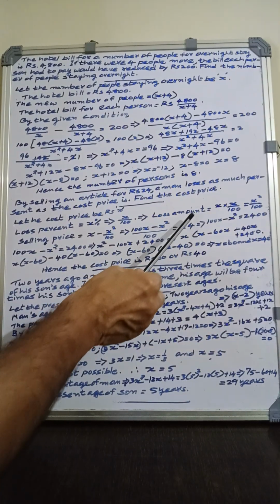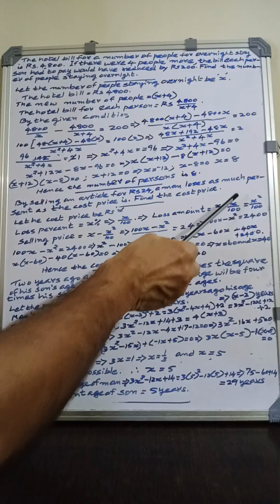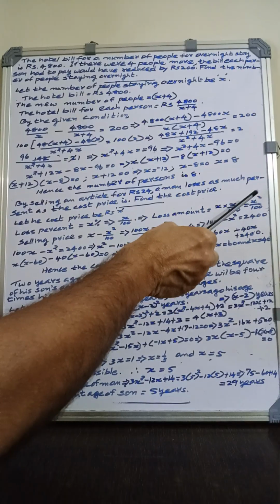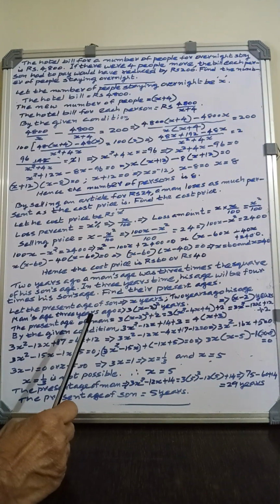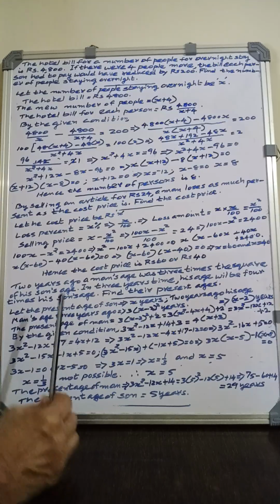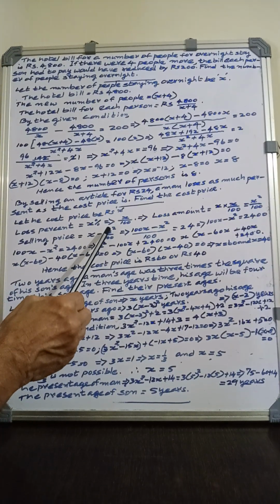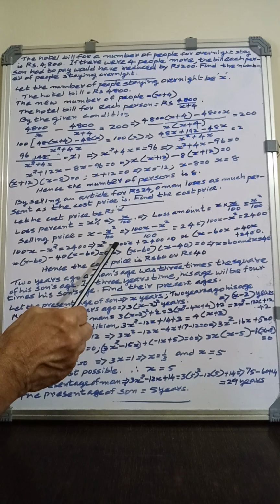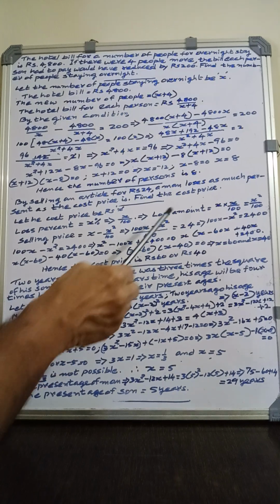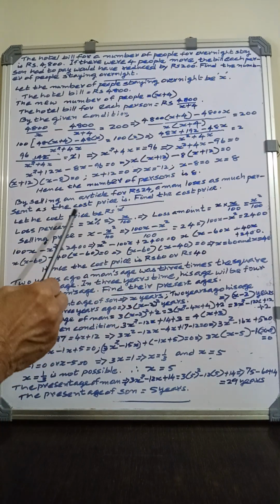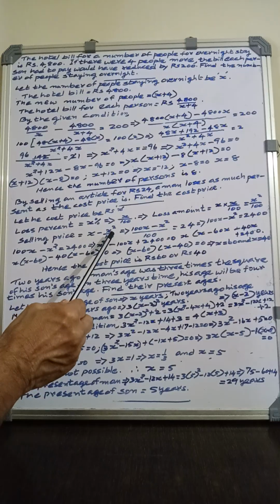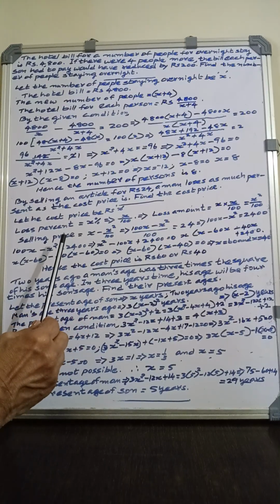Loss amount is x into x by 100 equals x squared by 100. Selling price equals x minus x squared by 100. Loss amount from the cost price minus loss amount gives selling price.